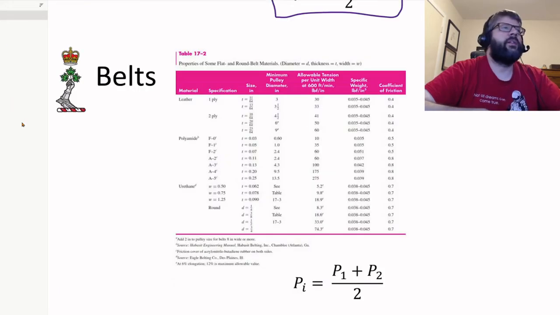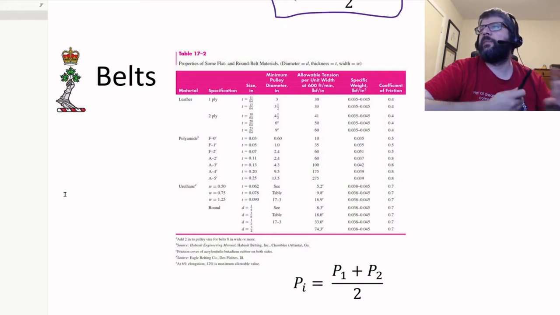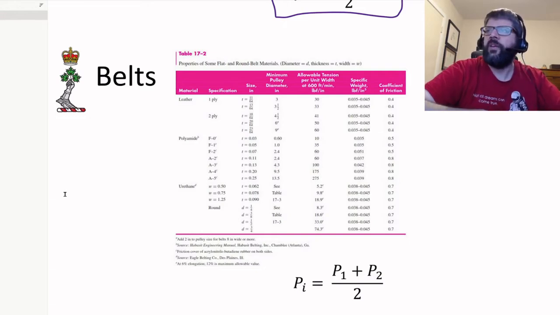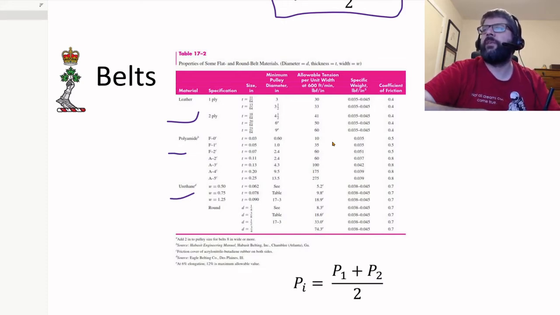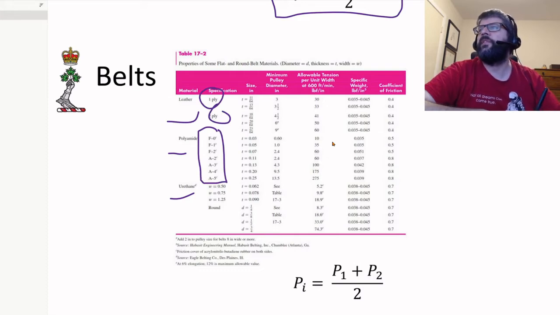So again, looking at some values that we might see for leather, polyamide, urethane belts, some flat and round belt materials. These are given a specified number of plies here, or have certain size criteria, and so on and so forth.